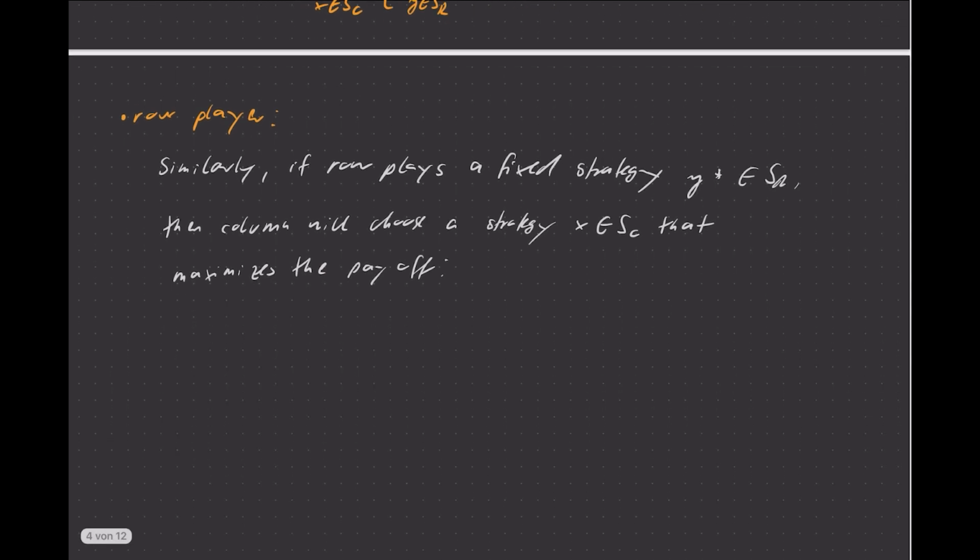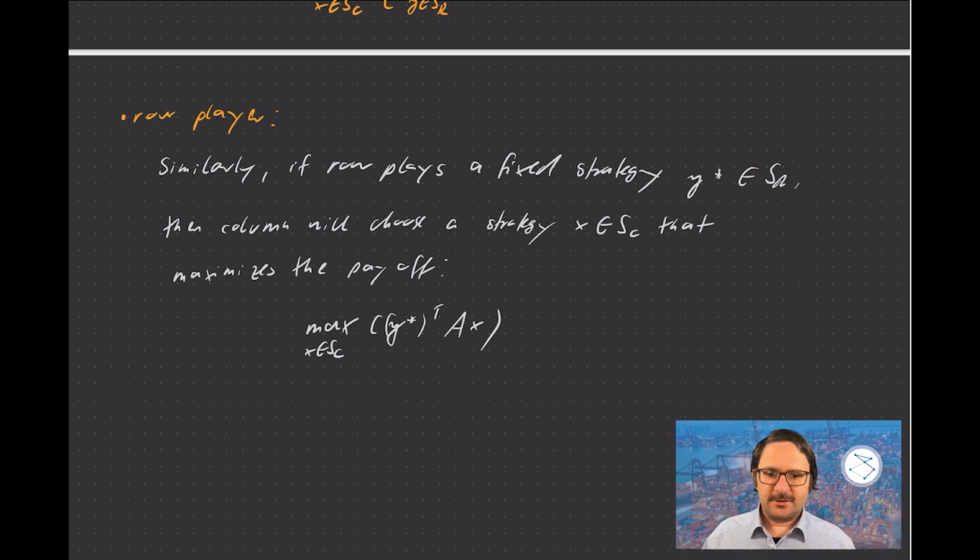So what we will get is the maximum of y star transposed Ax, x in SC. And now Rao knows this. So for any given Rao strategy, Rao knows what the column player will do.